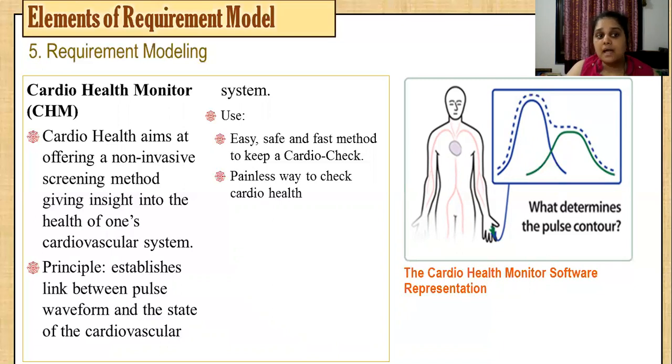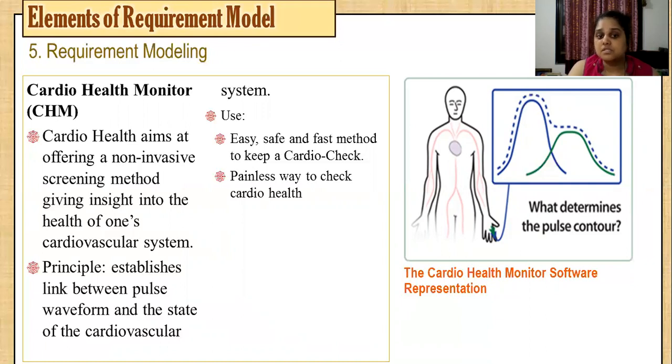Okay, so my system, Cardio Health Monitor, was monitoring your pulse using a cardio clip. This particular cardio clip, as you can see in the diagram, is kept on your finger and it generates some waveforms. Now these waveforms give you your cardiovascular age.